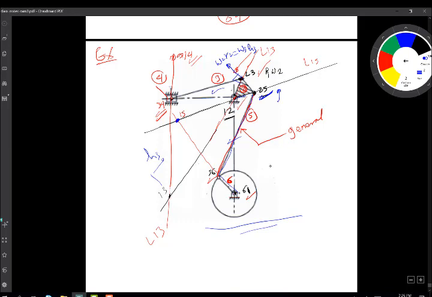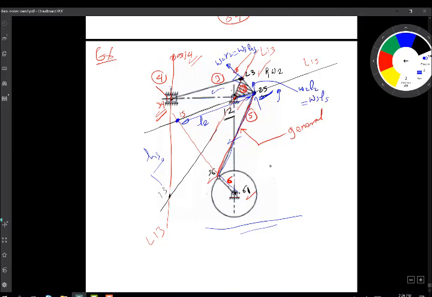So as simple as saying, okay, I know omega 2, so the velocity of this point, which is 0.25, is equal to omega 2 times this distance. I can call this distance L2. That's omega 2 L2, but it's also omega 5 L5.